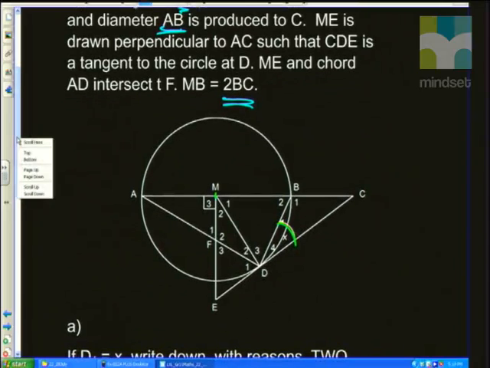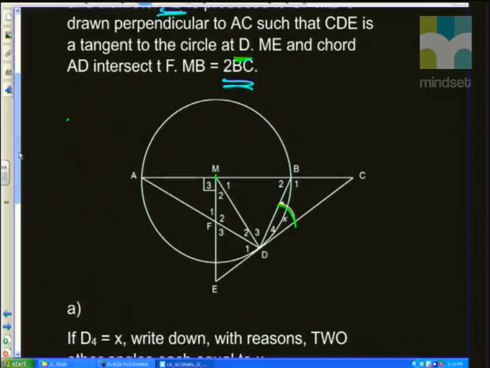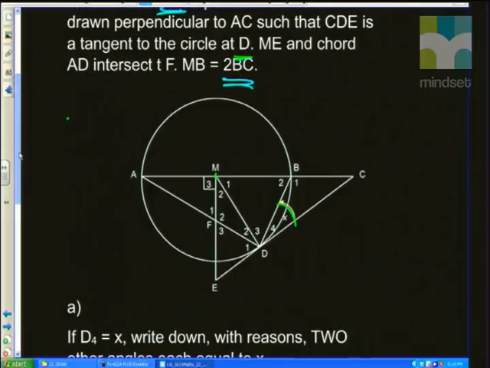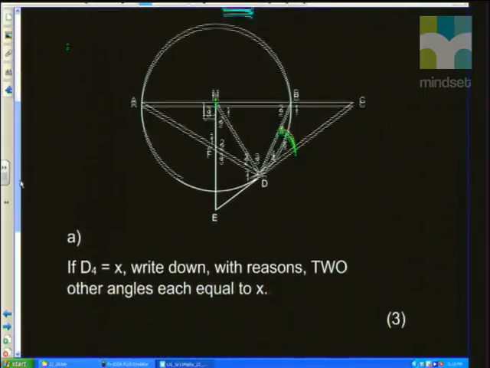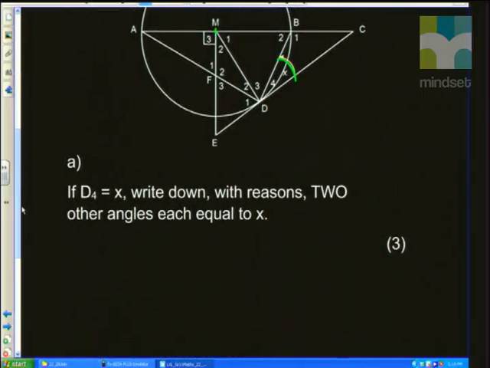AC such that CDE is a tangent to the circle at D. ME is a chord, and they intersect AD at F. MB is 2BC. Now, question number 1. If D4 is X, write down with reasons 2 other angles equal to X.